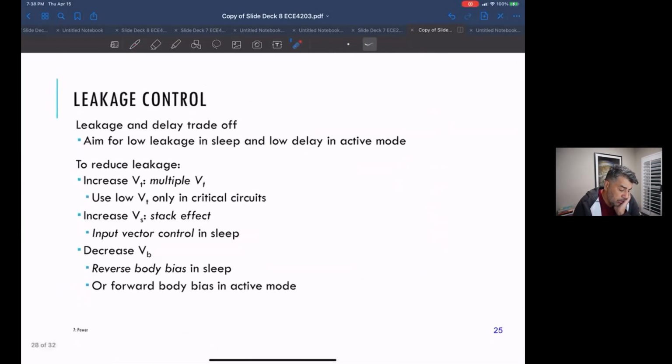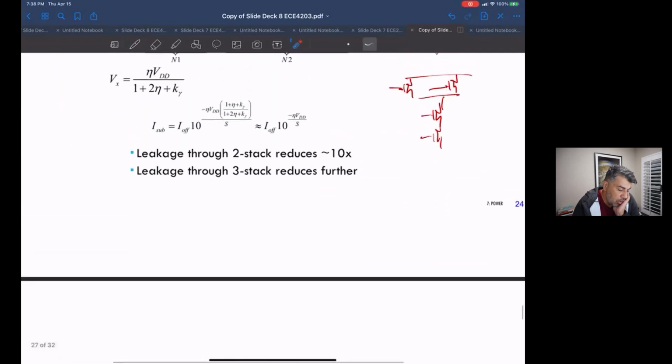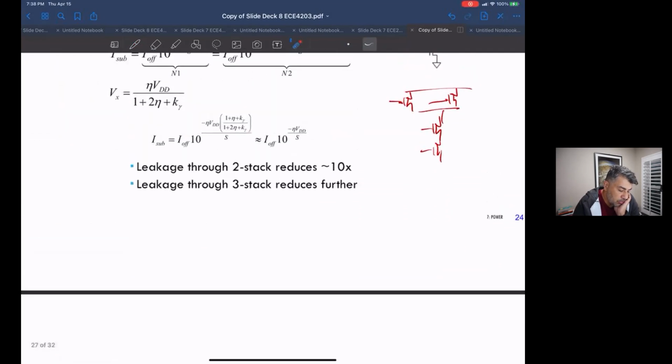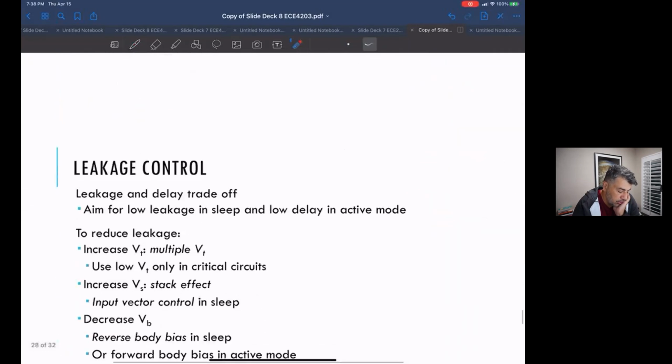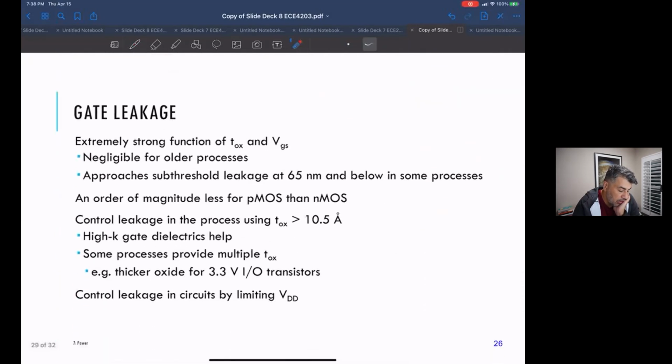Although I'm not sure how you can really use this too well. I think you just have to try to, when things are off, turn off devices in a way that you're doing a sequence where you end up with these intermediate voltages here. But I think in practice it's pretty difficult to do that personally, just given all the other stuff you need to worry about.